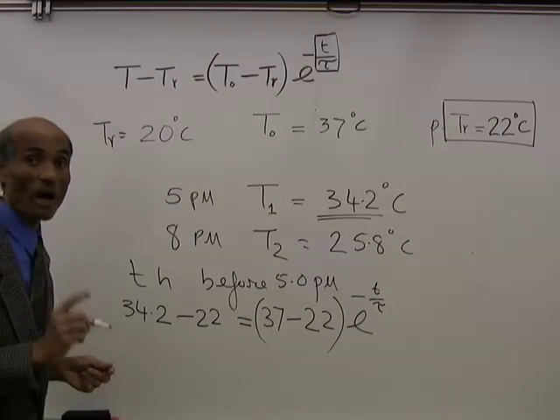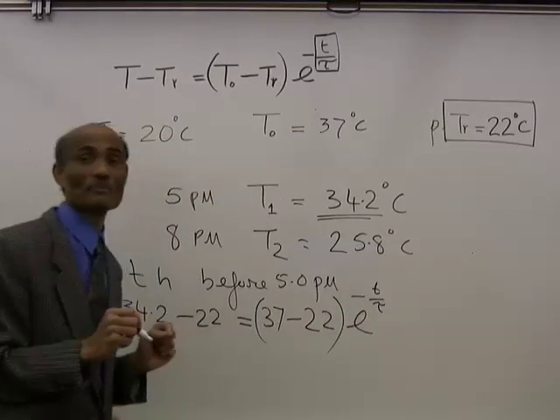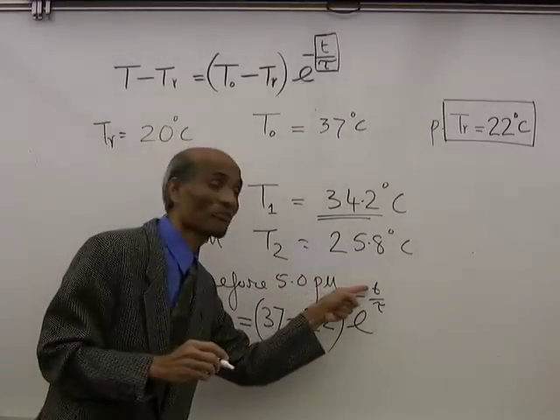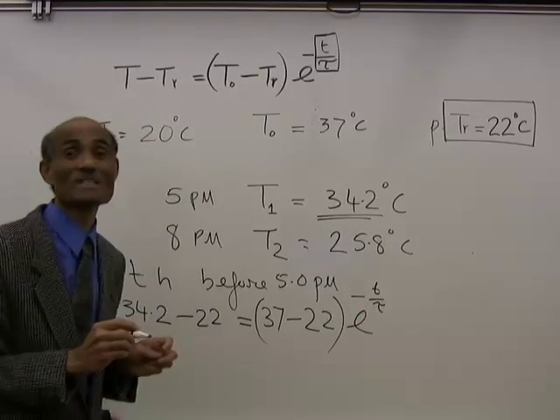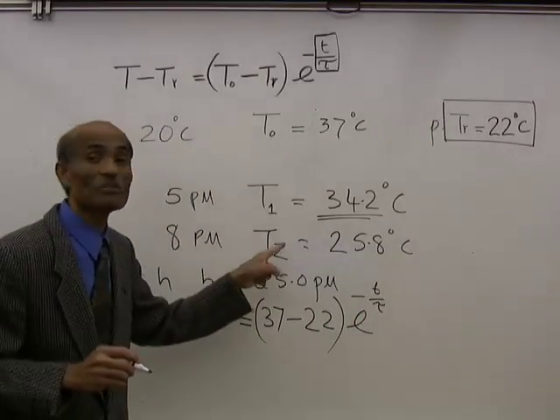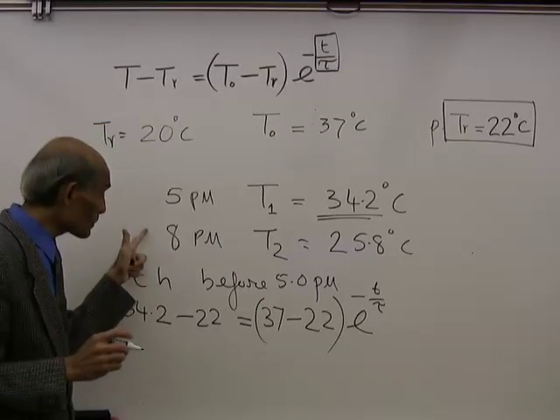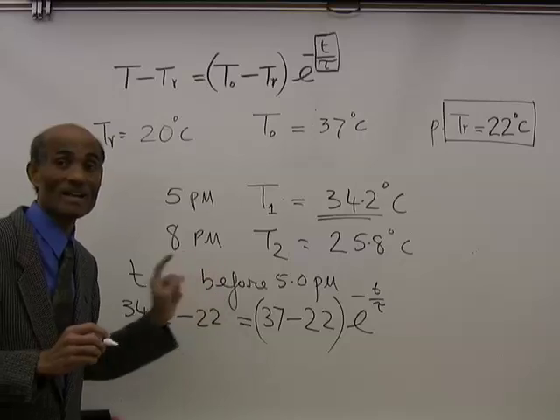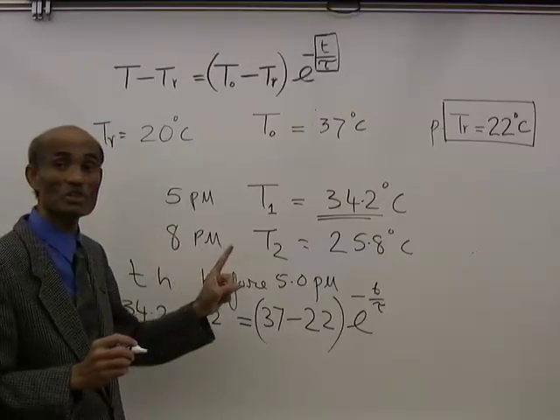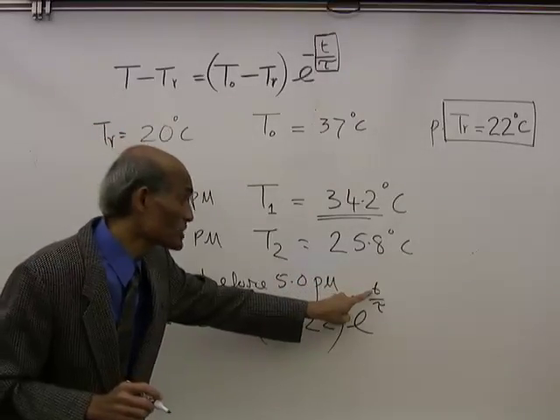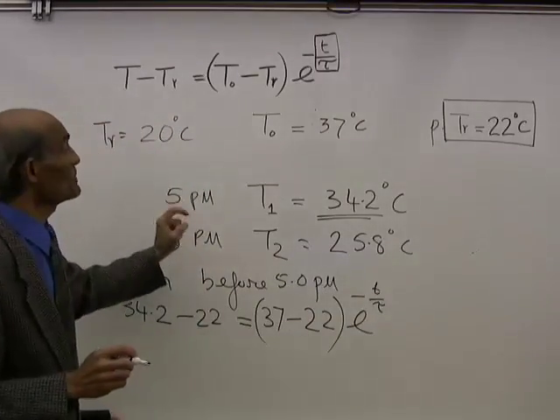You now have one equation that contains two variables. Well, you cannot find the value of this time if you don't know the value of tau. And that is where we now use the second equation. The police came 3 hours later. That means when they come, the time is t plus 3 hours. And what is the temperature then?